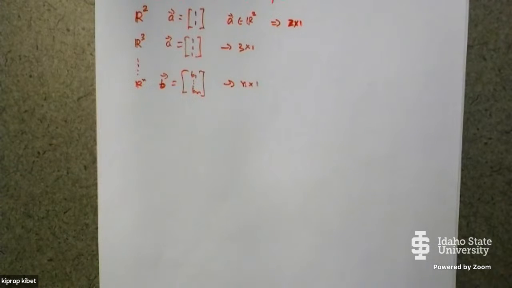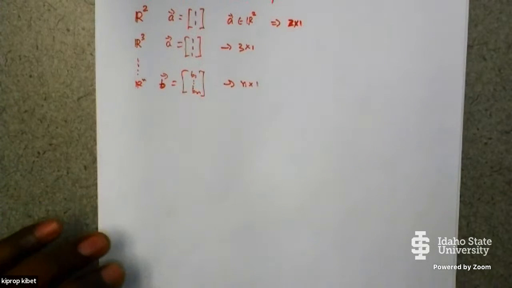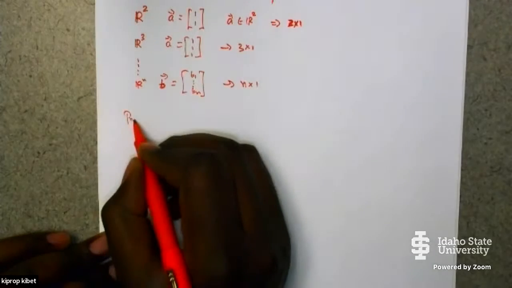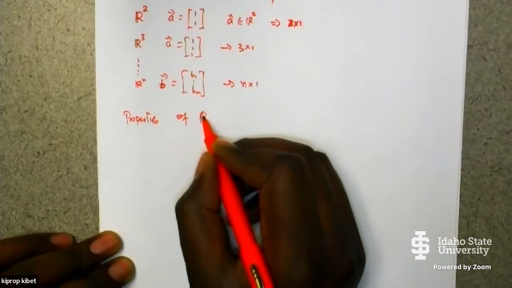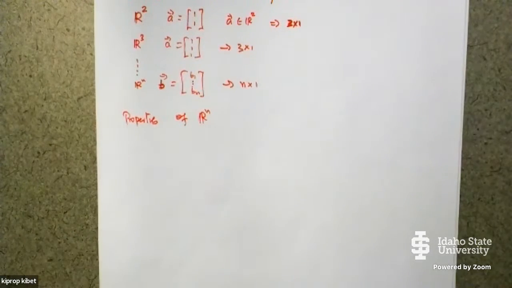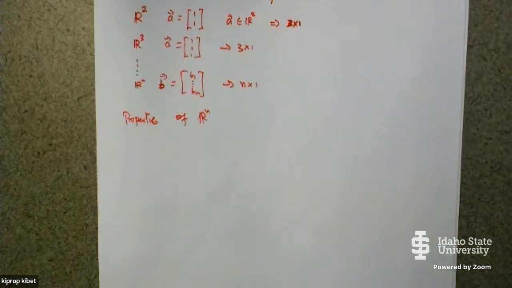Okay, now let's look at the properties of Rn, the vectors with n entries. Properties of Rn.